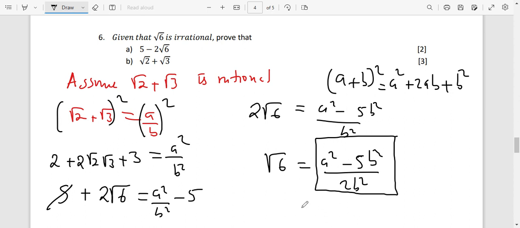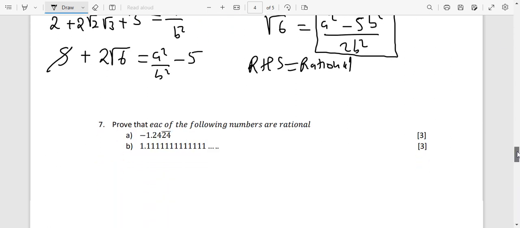If you divide two integers, that will be rational. So the right hand side is rational. The left hand side is irrational. A rational number cannot be equal to an irrational number. Therefore, square root of 2 plus square root of 3 is irrational. So that is how we show that.